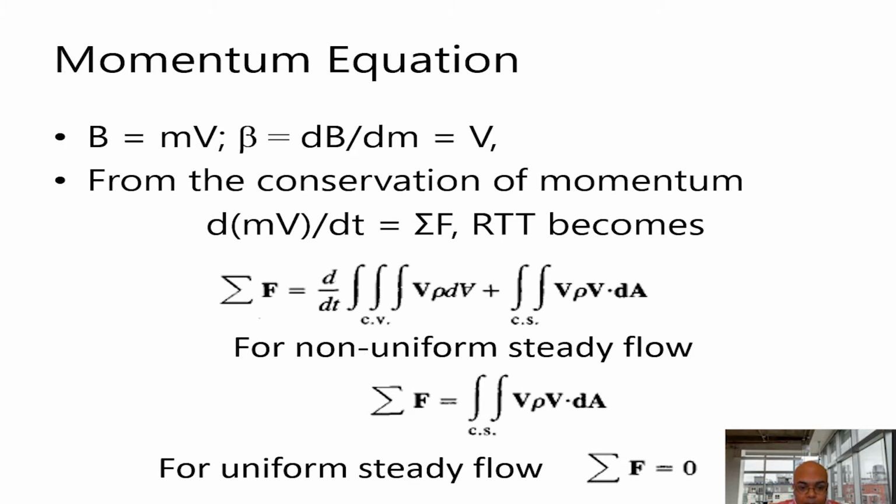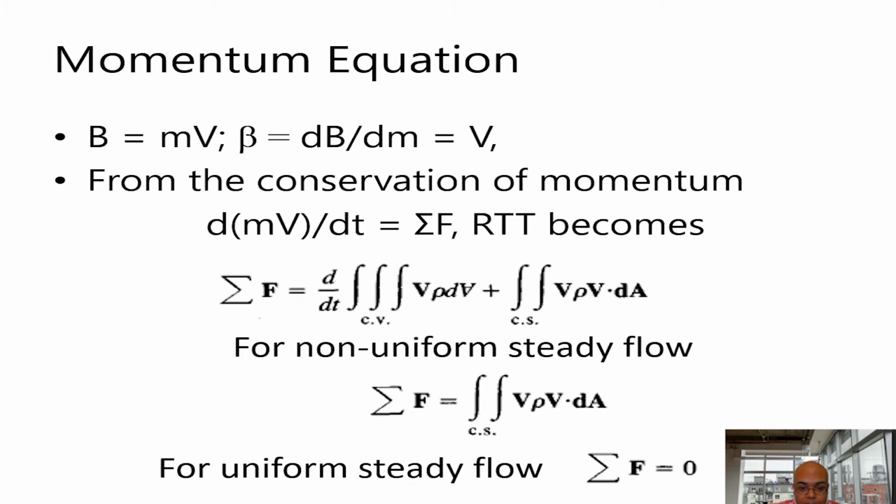So these external forces, sigma F, are equal to this right side equation, and you can see that this first term is the rate of increase of momentum. Okay, so for steady flow, this term goes to 0.